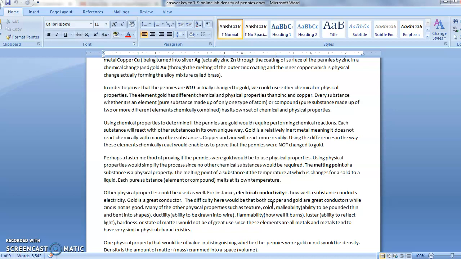Remember, physical properties are properties that can be looked at without changing what substance is there. Physical properties are different than chemical properties.